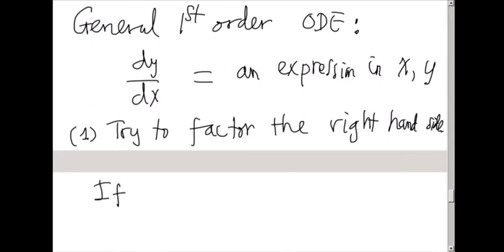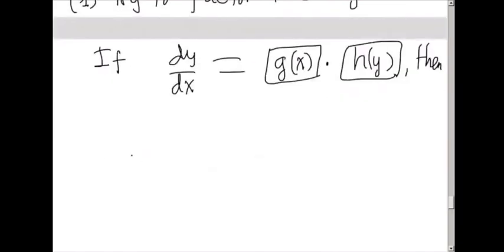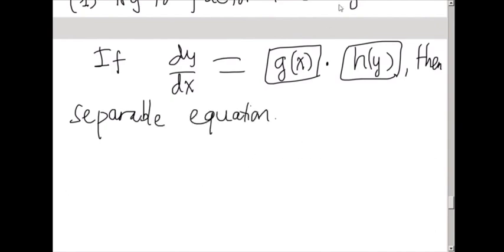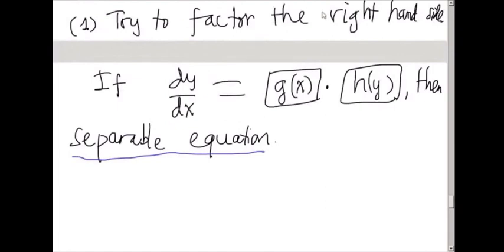If we can factor completely as a function of x, something like g of x, times another function h of y, then we have a separable equation. And once we have a separable equation, we can separate and solve. So first step is to check for separable equation.